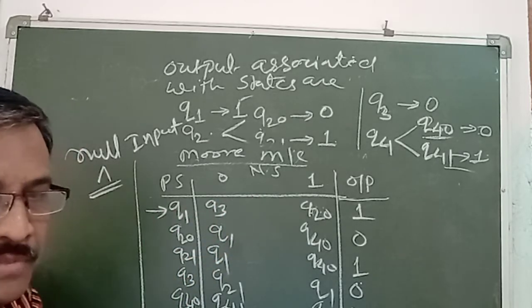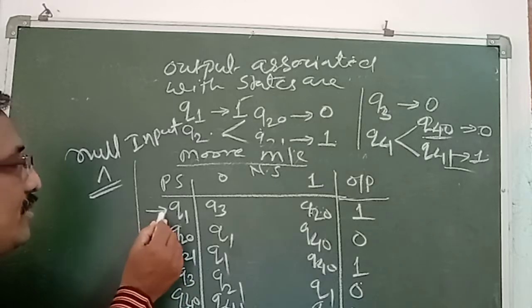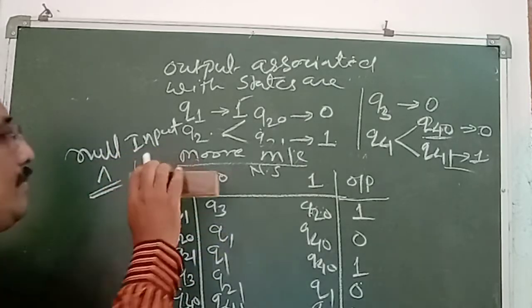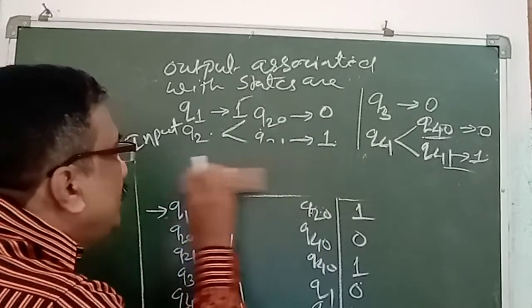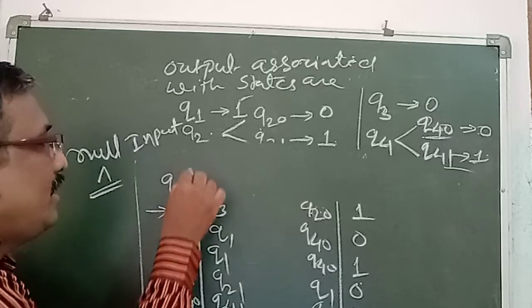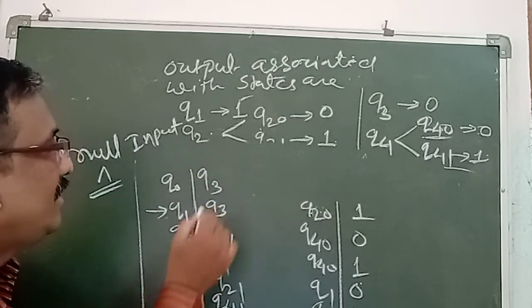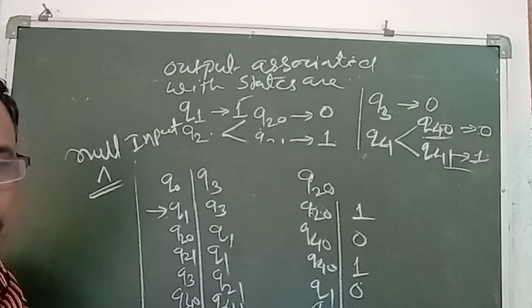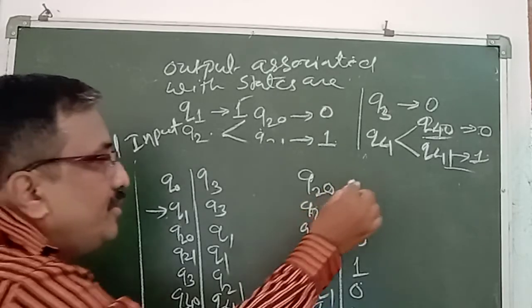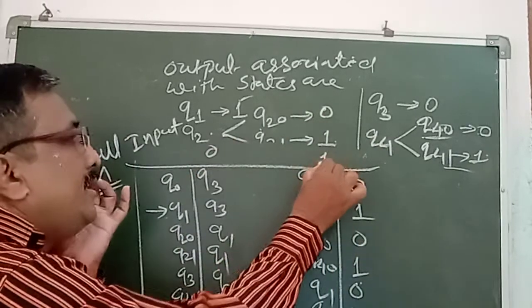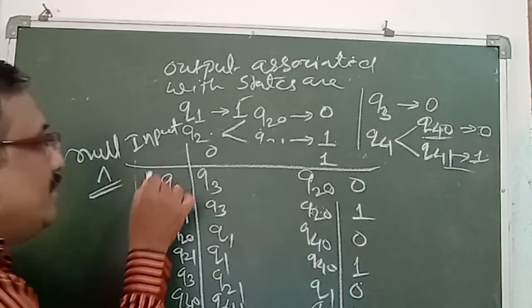Either we must add a starting state before this state Q1 as Q0, and their next state transition as Q3 and Q2 with output as 0 for input 0 and 1.